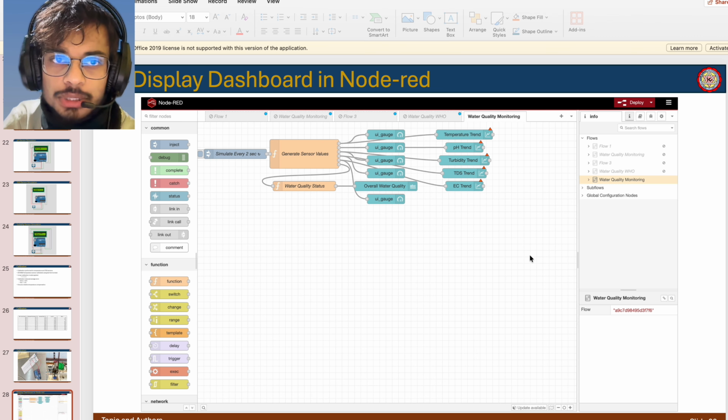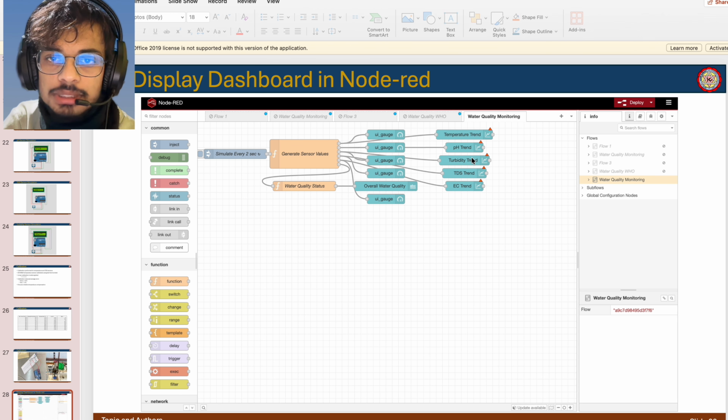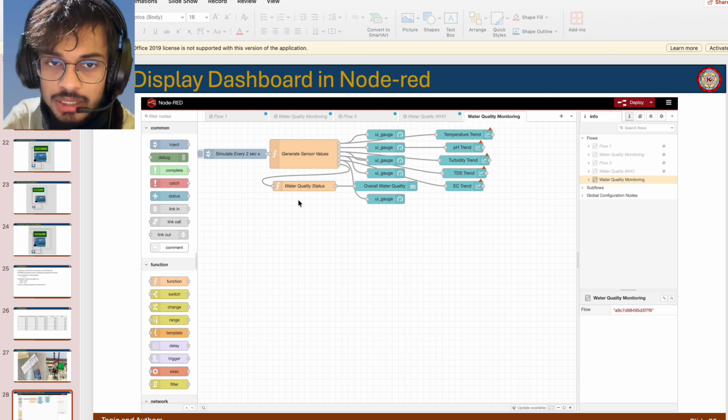This is the Node-RED display. In the Node-RED display there is sensor value generation, and we can see it in a gauge, and the trend is also seen in the graph, and the water quality status, for what level of water what level of WQI it should be, good or risky.